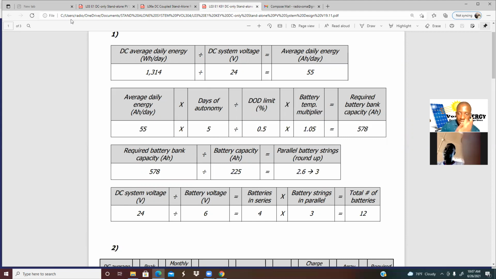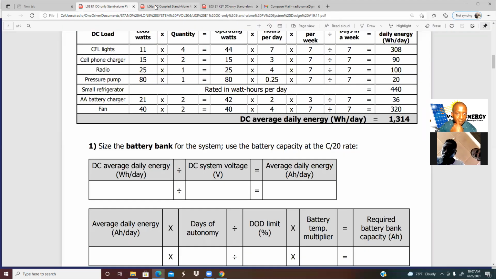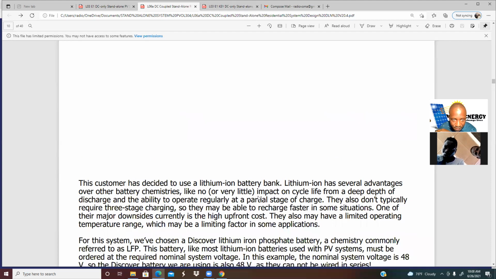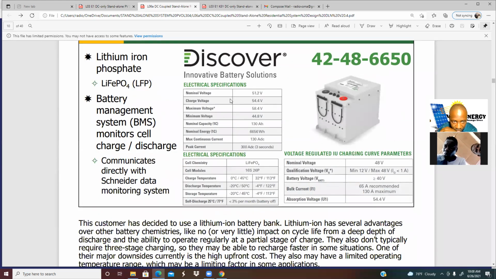I'm going to the big board now. This is just a small board. Let's go over here. Let me look at the battery again. Here's the battery right here. There's one battery bank of a lithium iron phosphate battery.